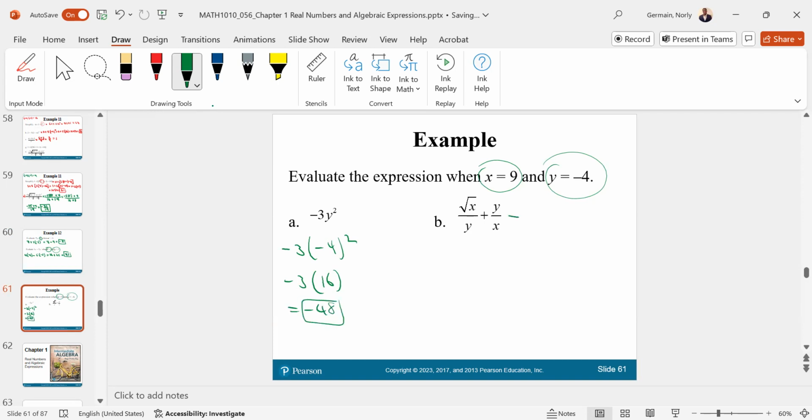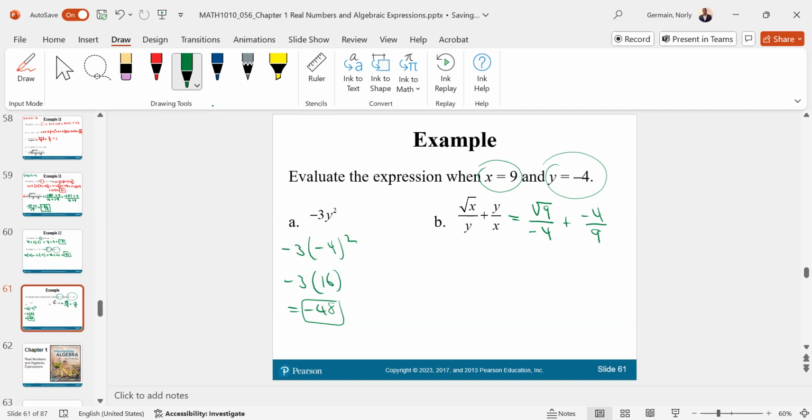But in this case, because I have the square root of x, that means square root of 9 over negative 4 plus negative 4 over 9. We substitute, just replace, and that's it.